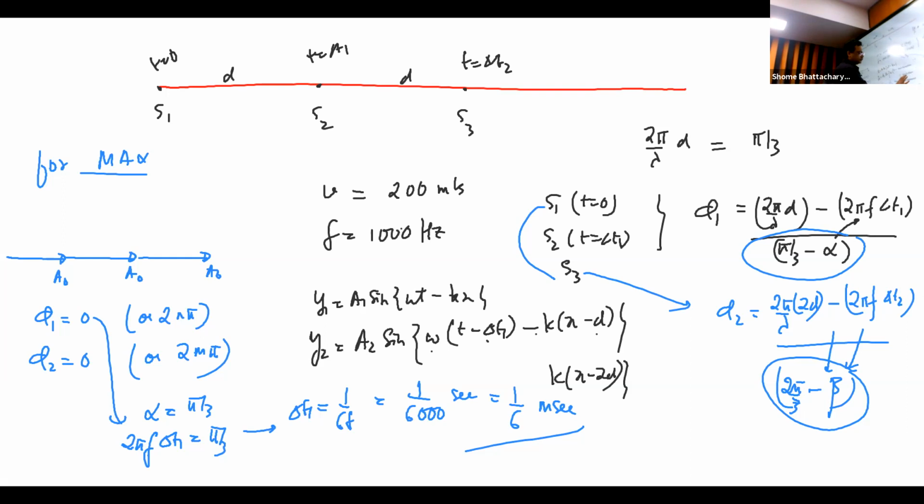So I'm just going to remove this. Now for the minimum case, the minimum will be 0, and I want the phasor diagram to look like this.